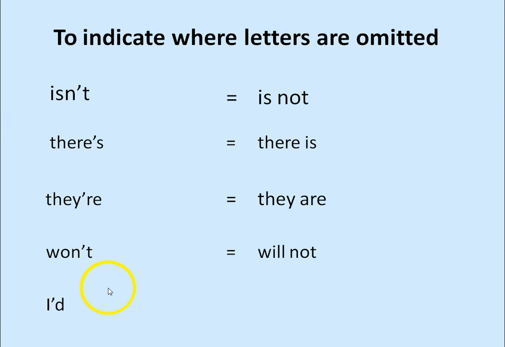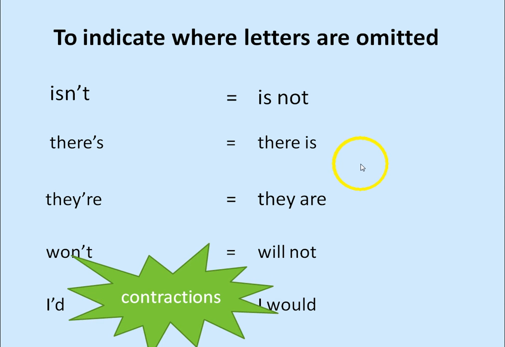And in a final example, I'd rather not go this evening, that's a short form of I would rather not go this evening. So that's the second way in which we use an apostrophe, to show that there are letters missing. And all of these examples here, they're examples of what's called contractions. So they're short forms of these longer versions here.